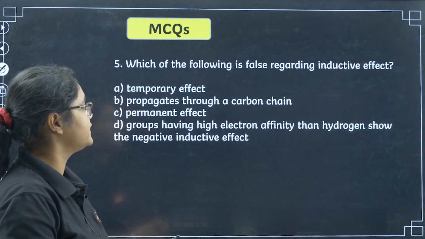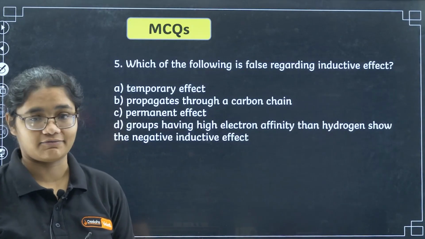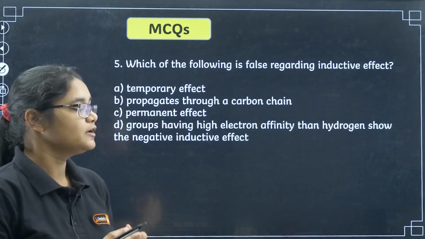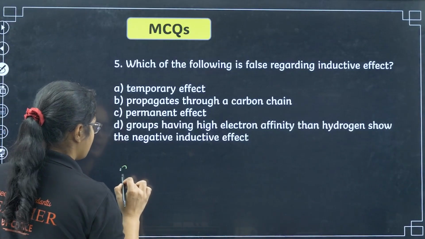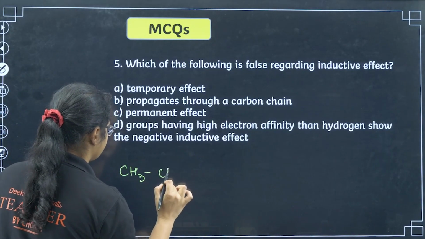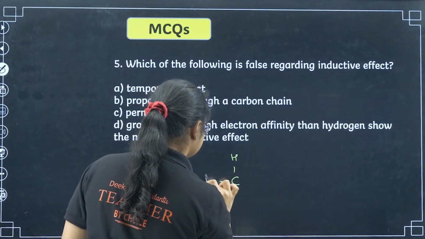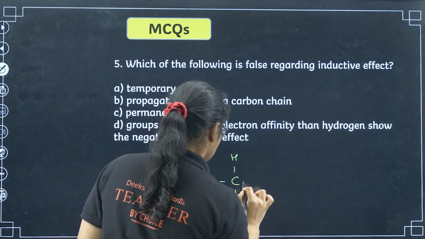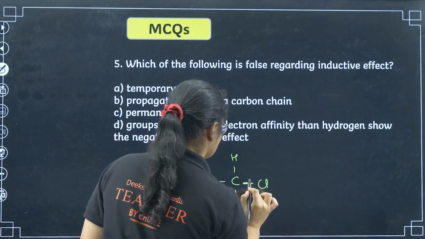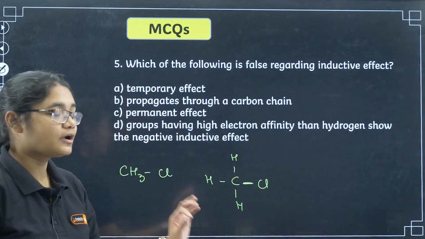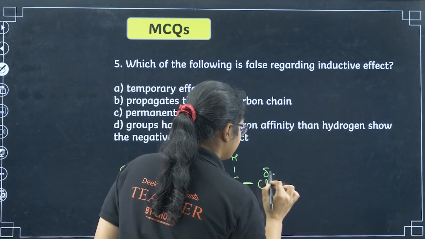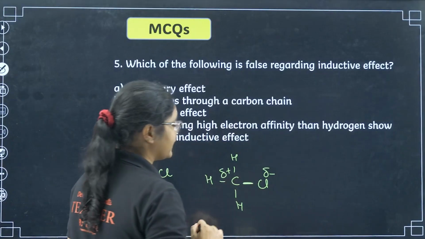Which of the following is false regarding inductive effect? So what is inductive effect? For example, suppose a CH3Cl group is present. If I draw the bond structure, it is like this. Now chlorine is highly electronegative and carbon is electropositive.